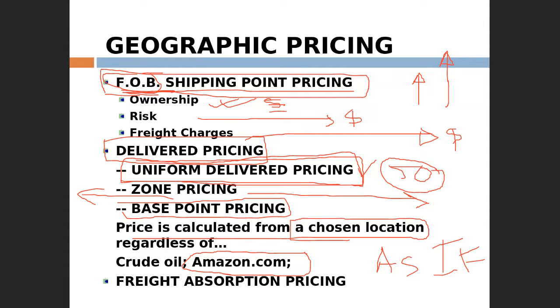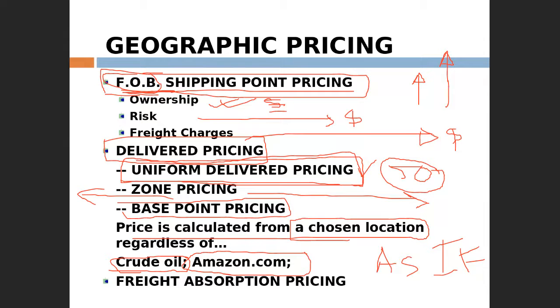Okay? Same with crude oil. Whether I buy it from Nigeria or Saudi Arabia or any other OPEC countries, the shipping charges might be calculated, and I'm not 100% sure on this, as if the oil were being shipped from Saudi Arabia. Whether you buy it from Nigeria or any other country, that's basically base point pricing.